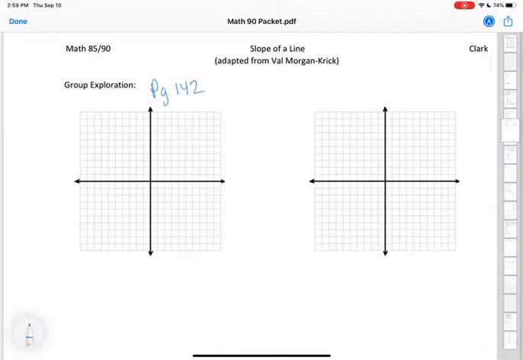So we have two graphs here. The first thing that I'm going to have you do is, on the first one, sketch a graph of the line y equals 2x minus 1. And then on the second one, sketch a graph of y equals negative 3x plus 5.